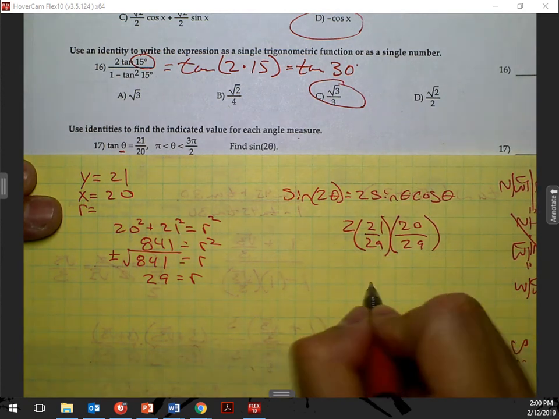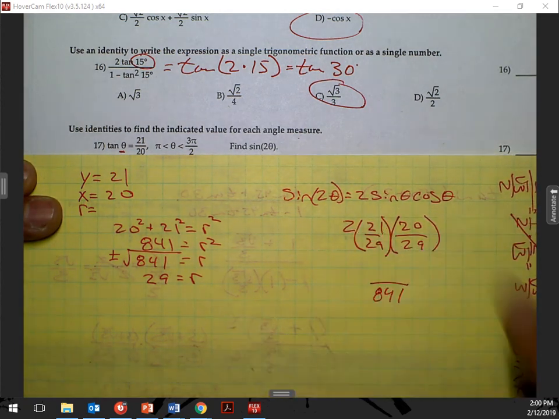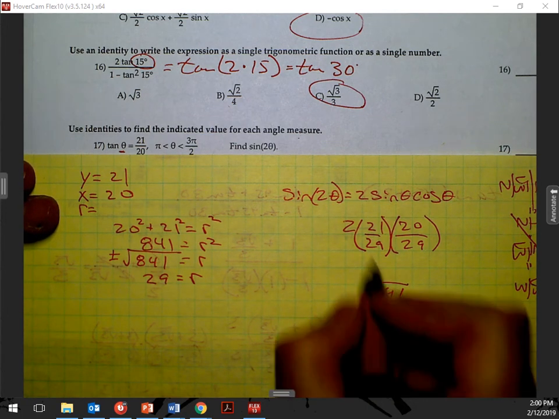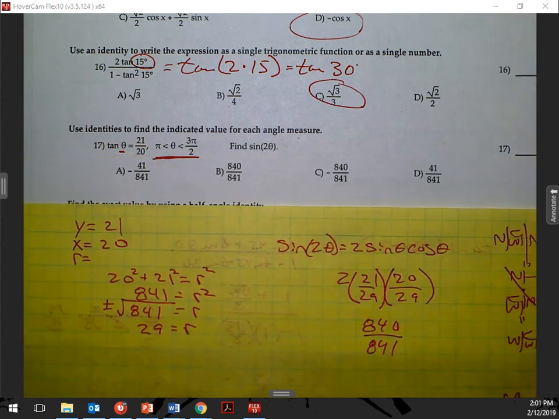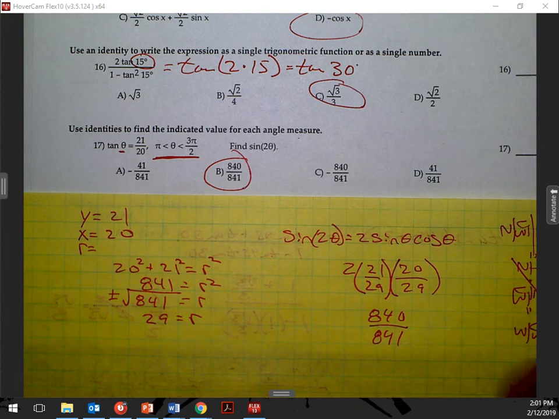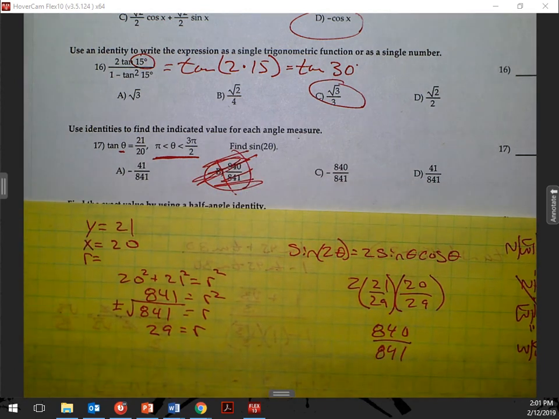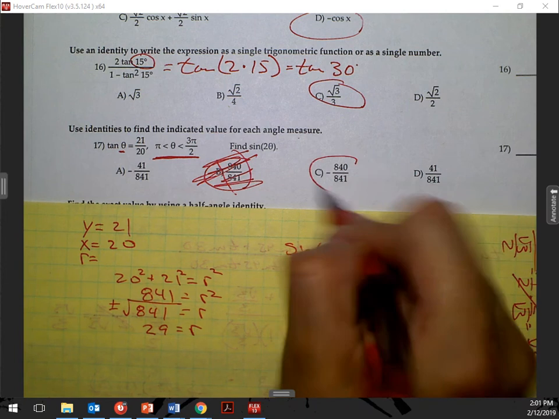So that's going to be over 841. 20 times 21 is 420, times 2 is 840. 840 over 841. B? Negative. Why am I wrong? Because it's supposed to be in quadrant 3, so it has to be negative.